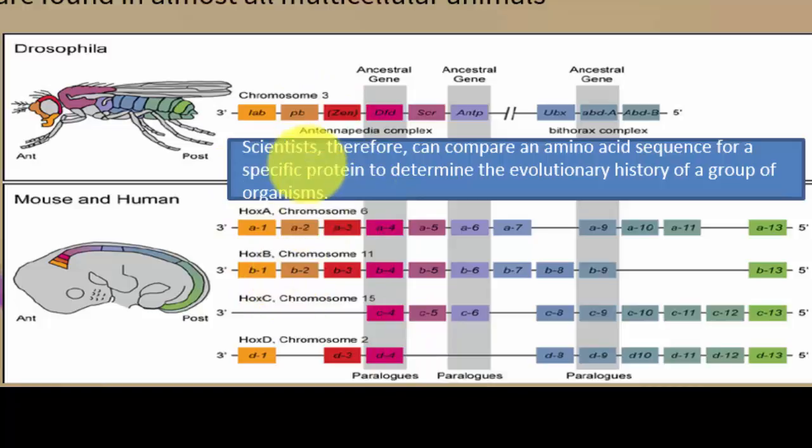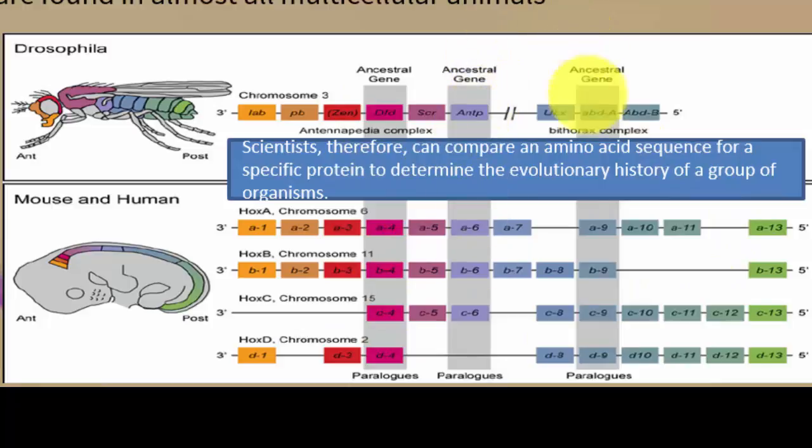Where they haven't shaded, they've decided there's not a really strong comparison there. That's where evolution has really changed a fly from a mouse and a human. And if you look at the entire sequence, you can see there's much more difference than there is similarities.